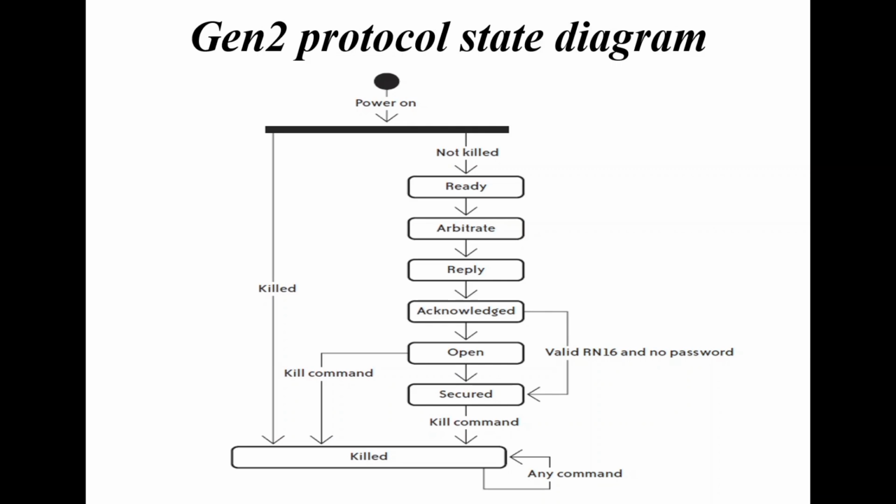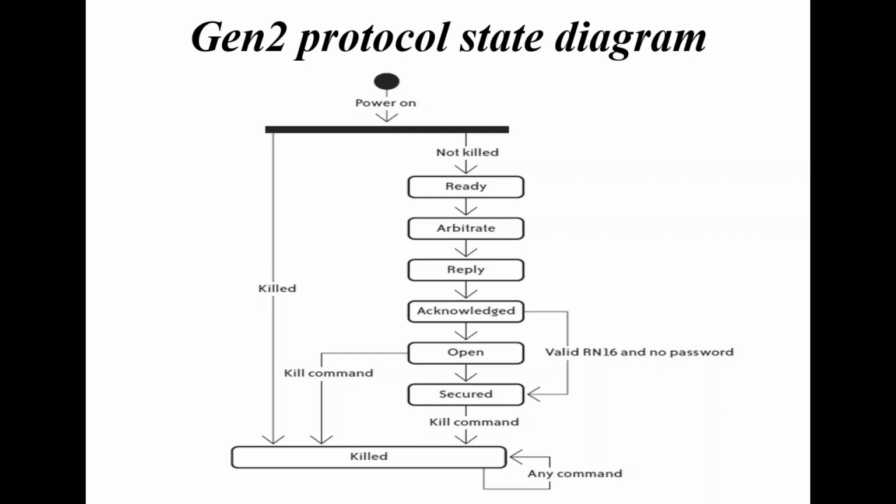If the reader sends a valid kill command with the correct kill password, the tag is permanently disabled. Once killed, the tag cannot be reactivated. So any command sent afterward is ignored, as shown by any command arrow to the killed state.